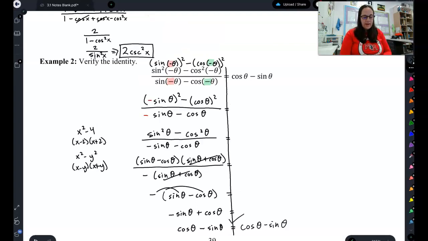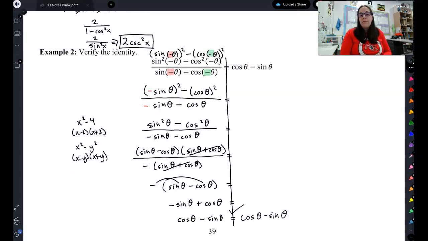And there's your trig identity. So those are a few examples using your new even and odd identities. In the next video, we're going to introduce some more identities and practice with those.